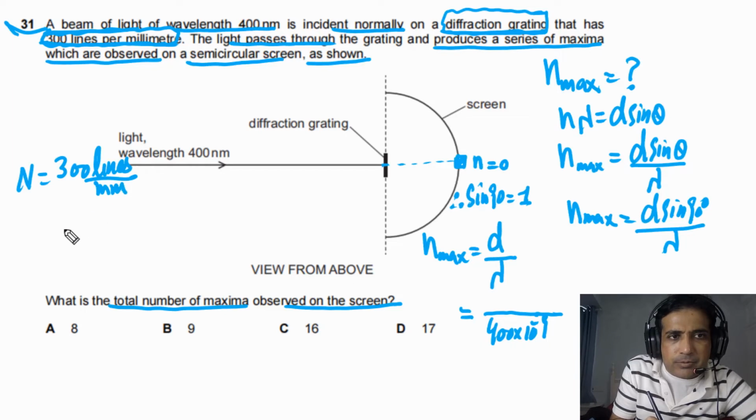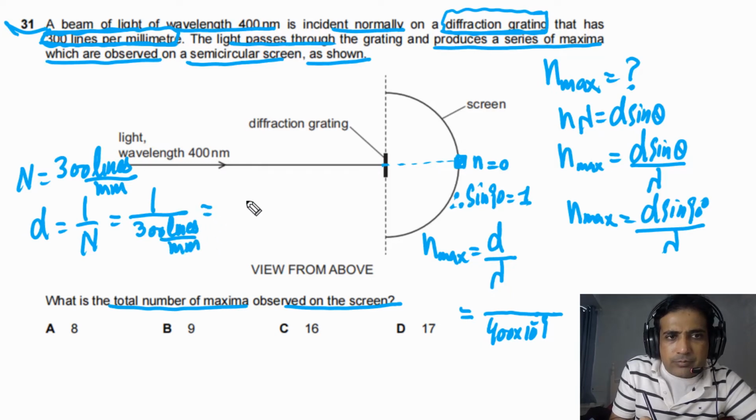So we can calculate the value of d. D is equal to 1 over n. So we can write 1 over 300 lines per millimeter. Simply, we can write 1 mm divided by 300 lines.